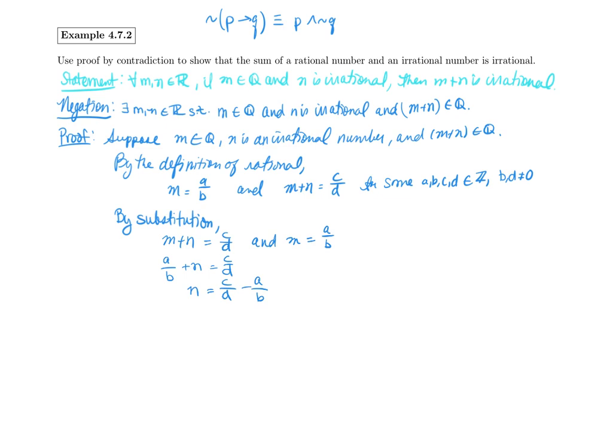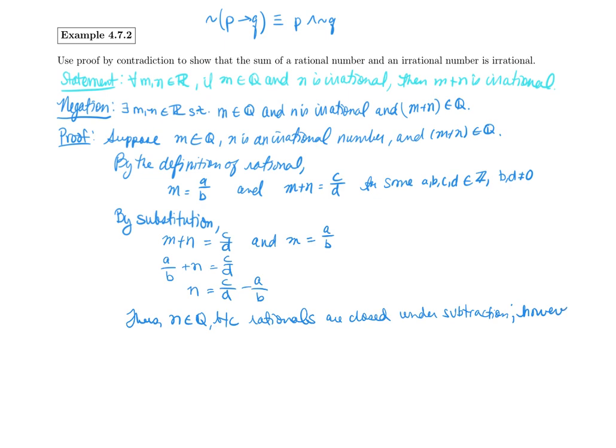So here we would say, thus n is rational because rationals are closed under subtraction. Could you go through the whole thing where you said that n is bc minus ad all over bd and use a zero product property and all that stuff? Yes, you could. I'm just showing you a way to get to it a little bit faster. So thus n is rational because rationals are closed under subtraction.